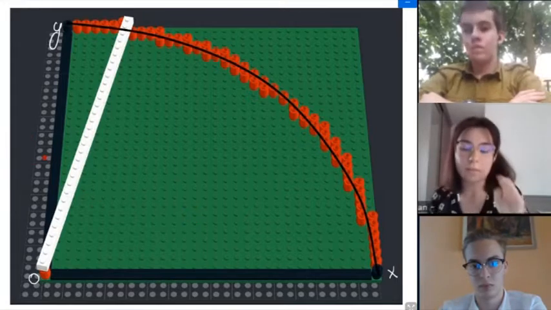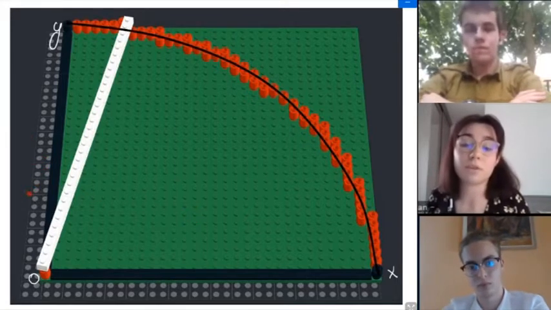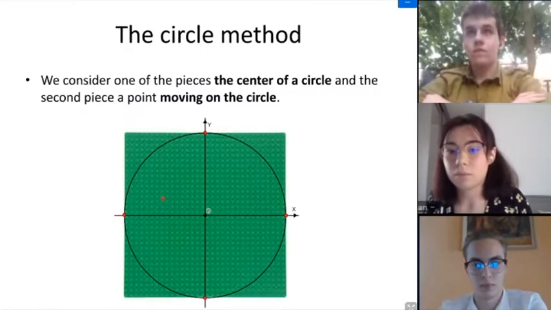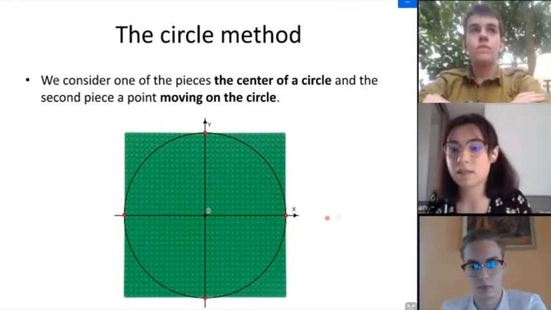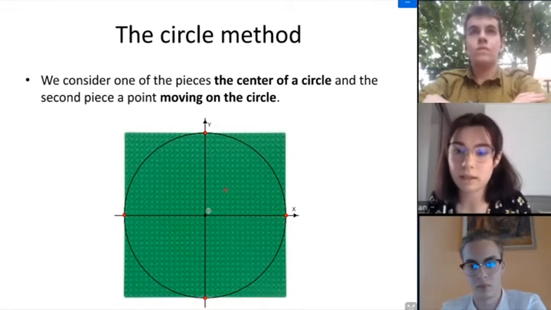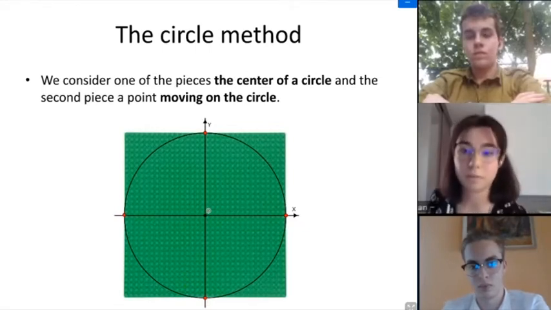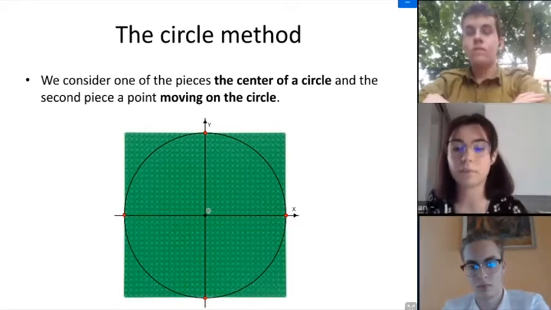I would also like to mention that recently we thought about the fact that we can put the perpendicular axis in other positions than horizontal and vertical. So we didn't have enough time to actually see what would happen in that case.